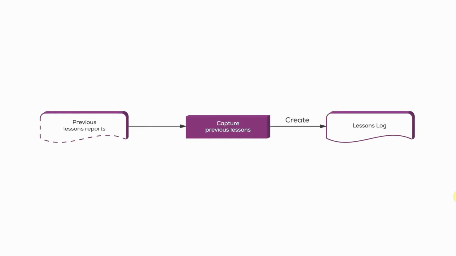This is figure 14.3. Very straightforward one here, very little to talk about. On the left-hand side, we've got the previous lessons reports. So we'll consider any previous lessons that may come from similar projects, and identify any lessons that can obviously be applied to this project, which might include, for example, the results of audits and project reviews.